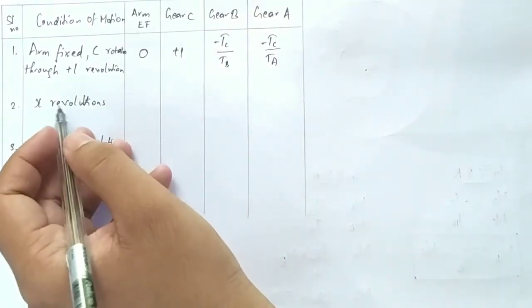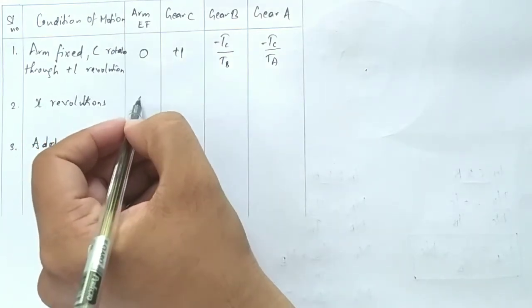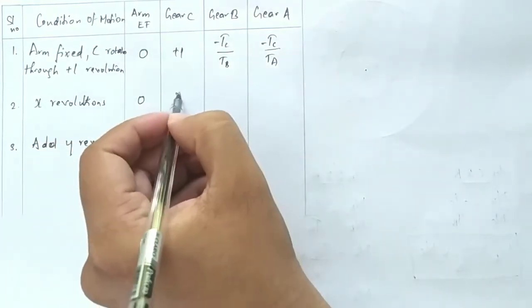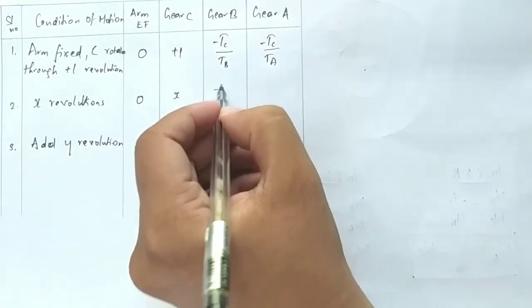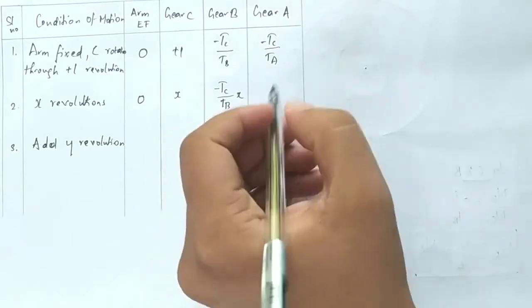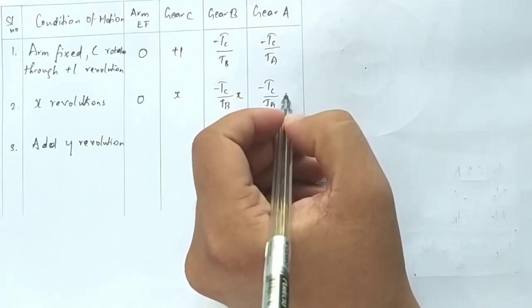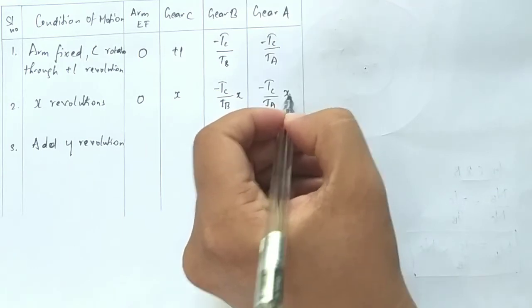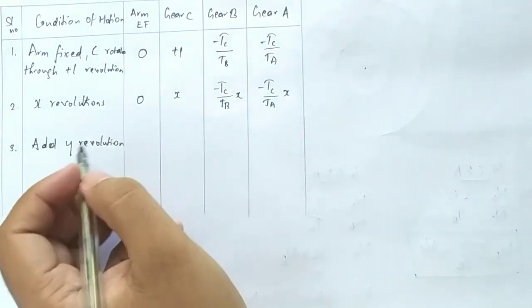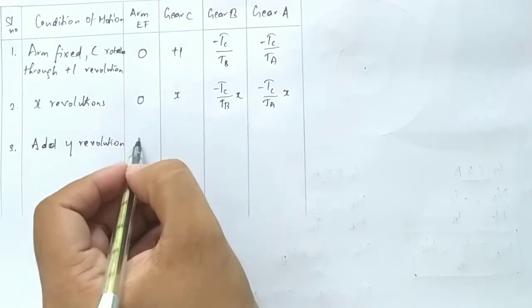Next is multiplying by x revolution. If you multiply 0 with x, it is nothing but 0. This will become x. This will become minus TC by TB into x. This is minus TC by TA into x. Next you are adding y. If you add y everywhere, 0 plus y is nothing but y.